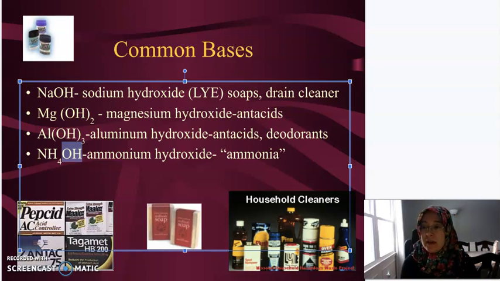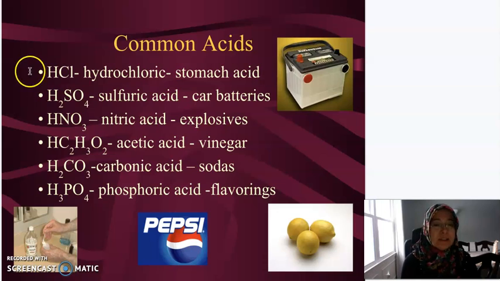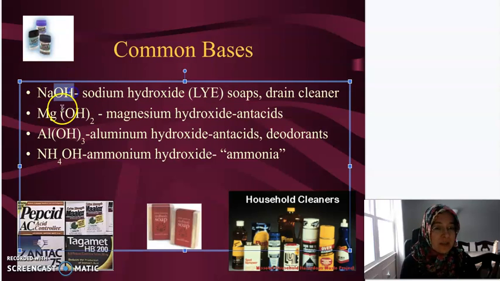When we look at the common acids, they all have hydrogen. If it has hydrogen, it is an acid. Looking at the common bases, if it has hydroxide, they are bases.